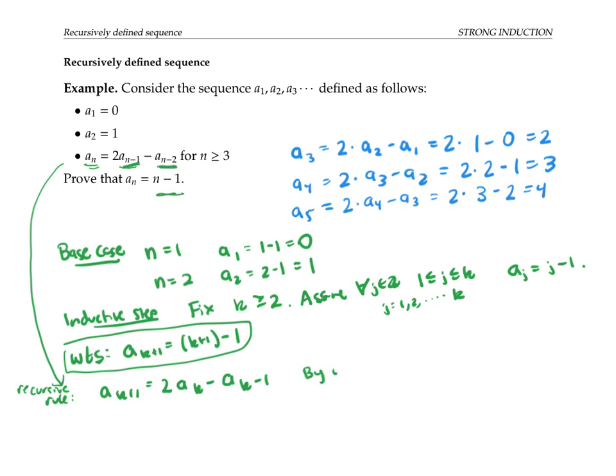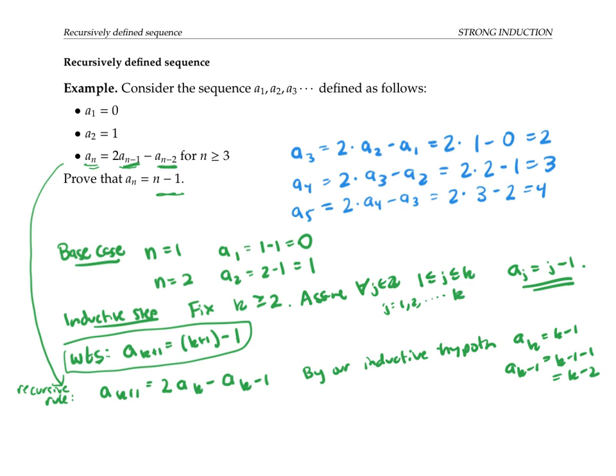Now, by our inductive hypothesis, we know that a_k is k minus 1, and we know that a_(k-1) is k minus 1 minus 1, i.e. k minus 2. We know that it's true because we're assuming this proposition holds for all j between 1 and k.